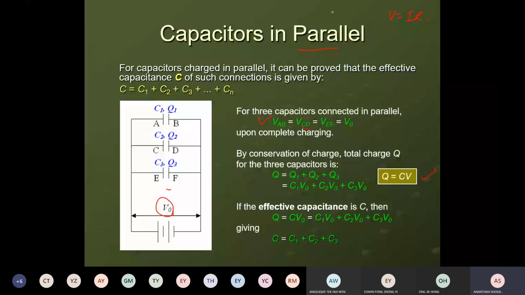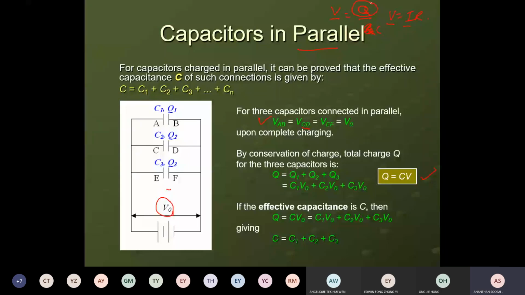So V equals Q over C. Sorry, Q over C. So for V in the same location, I replace with charge now.